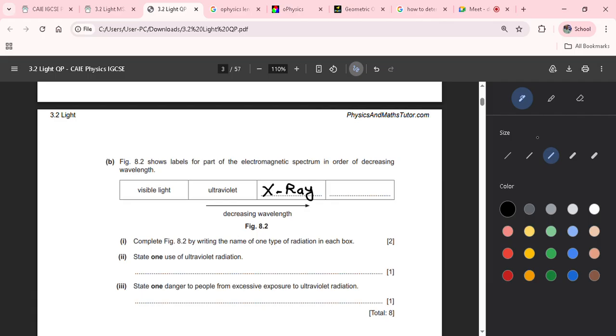Can you mention? It's the highest frequency, which is gamma rays.